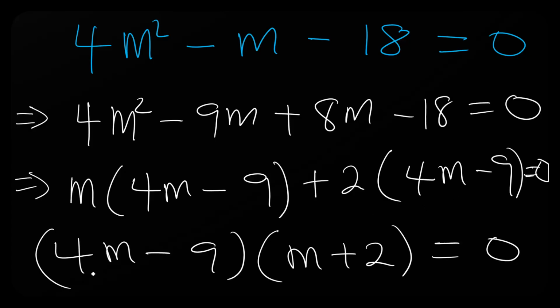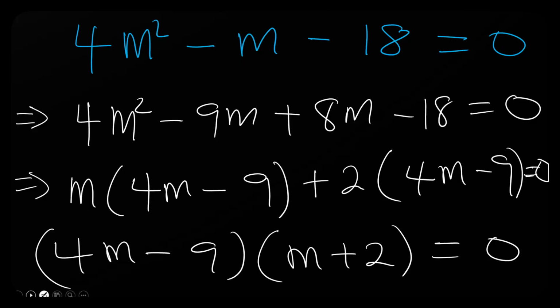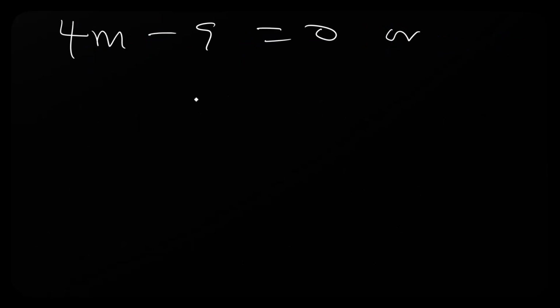From here, with the zero product, 4m minus 9 is equal to 0, or m plus 2 is equal to 0.